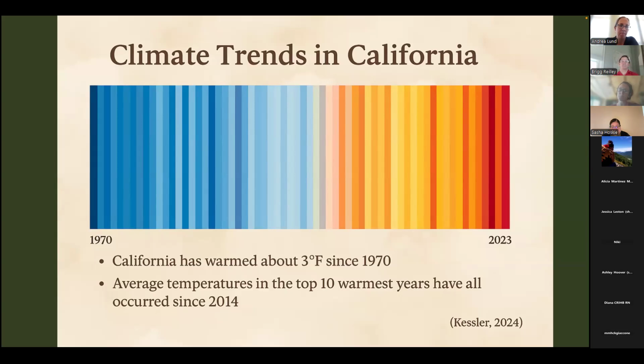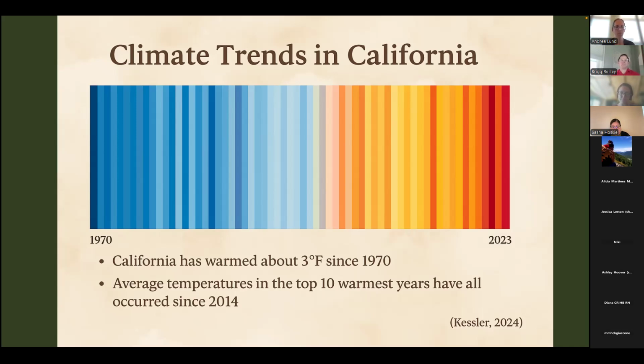This looks like just a colorful picture, but you can see it's related to temperature starting in the 70s. You can see California has warmed 3 degrees since the 1970s, steadily increasing, mostly since the 1990s.